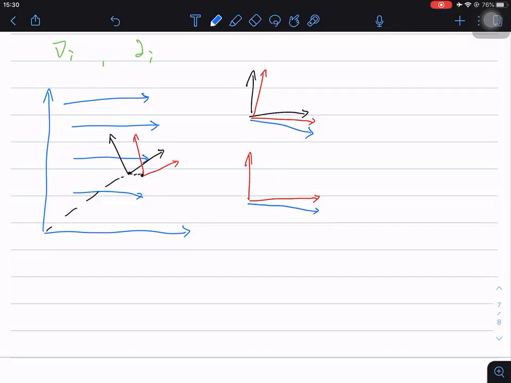So the Christoffel symbol itself is describing the connection of these 2 points, which basically means that it considers the change of the basis vector instead of the change of the vector component of the vector field. So that's why we have an extra term for taking the covariant derivative.